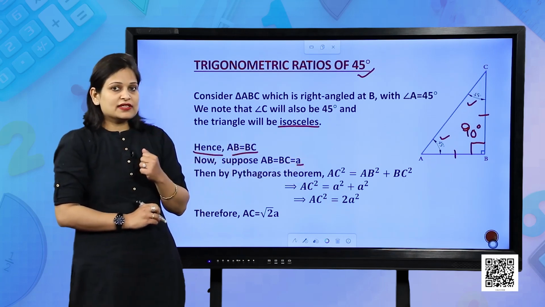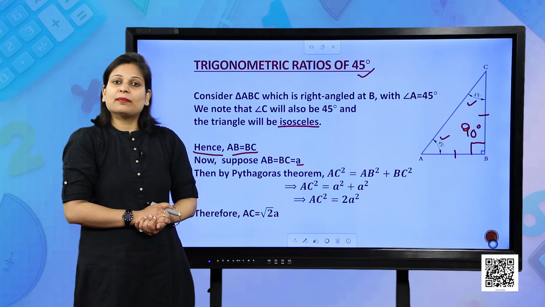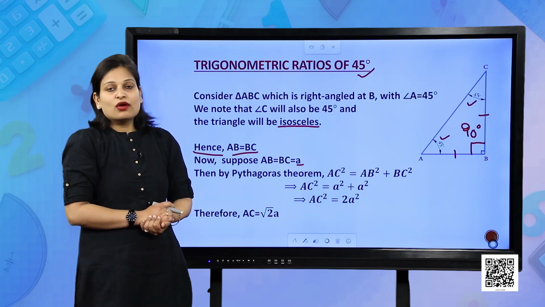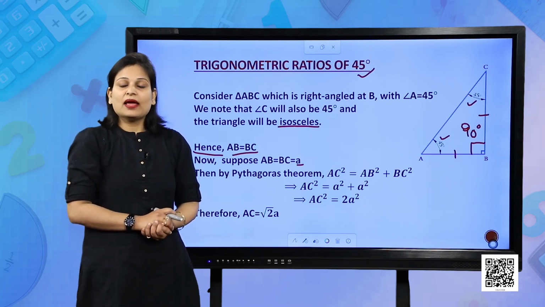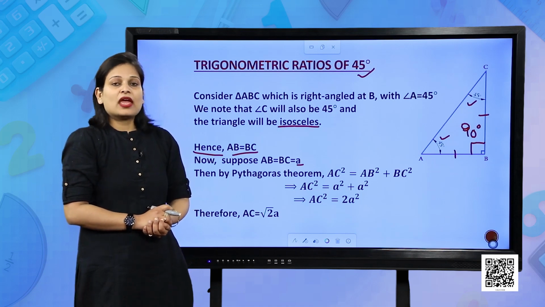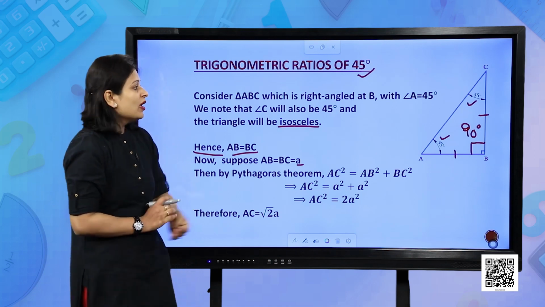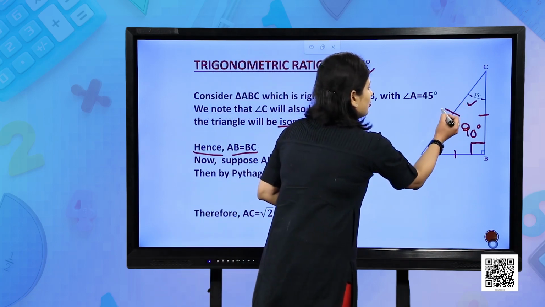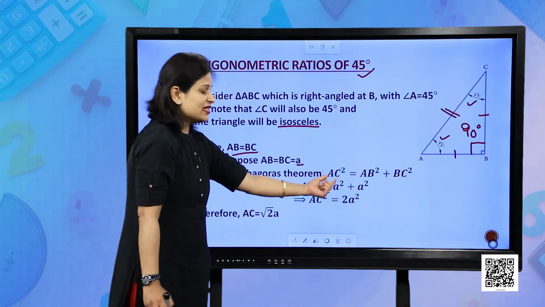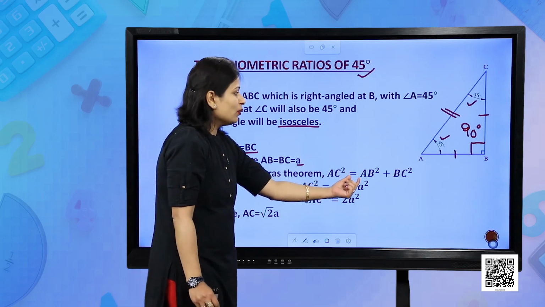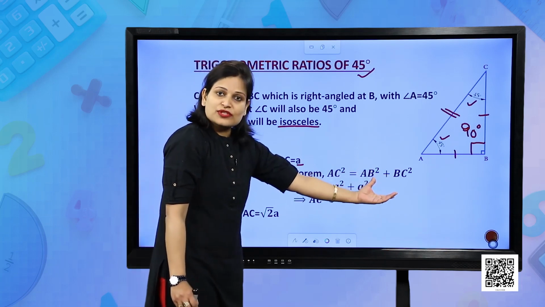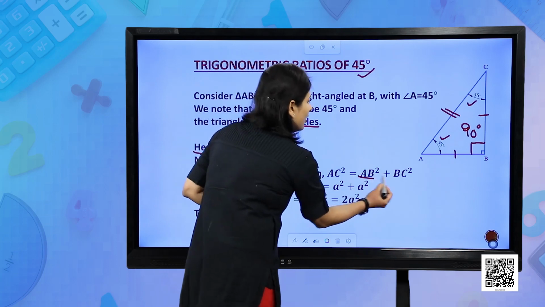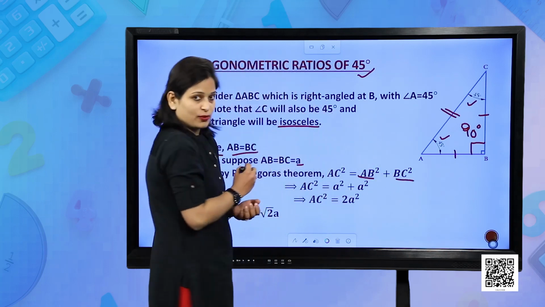We know two sides, so we have to calculate the measure of the third side. For this, we need to apply Pythagoras theorem. According to Pythagoras theorem, the hypotenuse square, AC is the hypotenuse. So, AC square is equal to the square of other two sides which is AB square plus BC square.